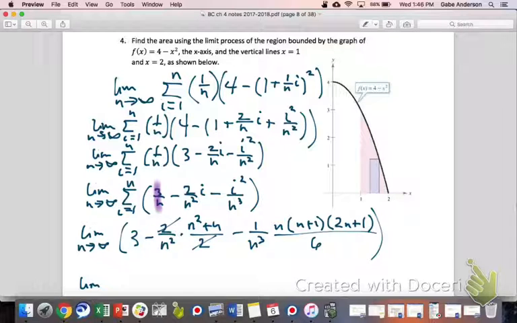So limit as n goes to infinity of 3 minus n squared plus n over n squared minus, the most important part of the last one is that if you multiplied everything out, and you can do this if you want, won't the first term be 2n cubed? That's the most important part. If you want to multiply the whole thing out, that's fine, but it's going to be 2n cubed plus whatever, all over 6n cubed.